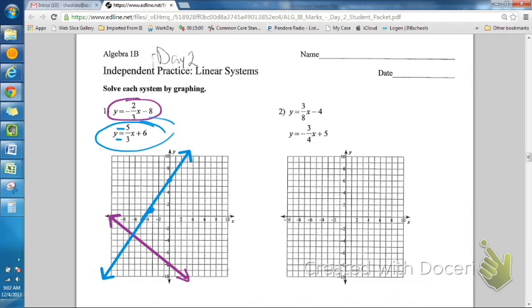Where these two lines intersect would then be your solution to this system. So a system just means more than one equation. So our solution is right here where it intersects. Now, it's not to say that your lines will always intersect.